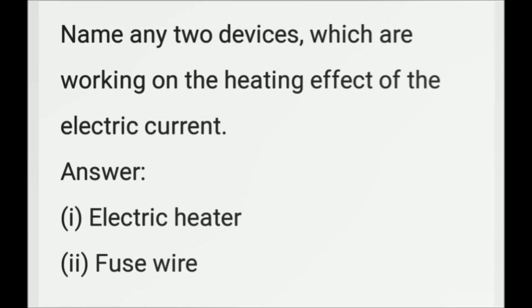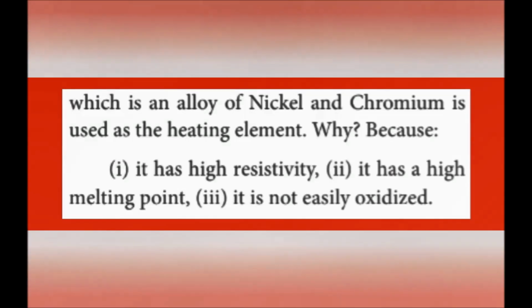Name any two devices which are working on the heating effect of the electric current. The heating effect of electric current is used in many home appliances such as electric iron, electric toaster, electric oven, electric heater and geyser, etc. Nichrome, which is an alloy of nickel and chromium, is used as the heating element in many home appliances.